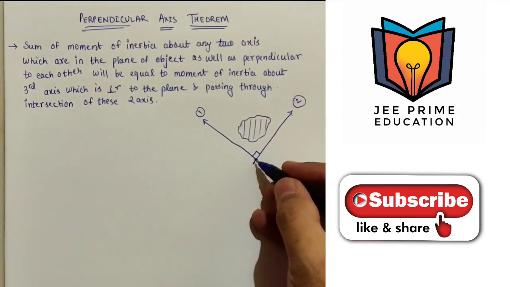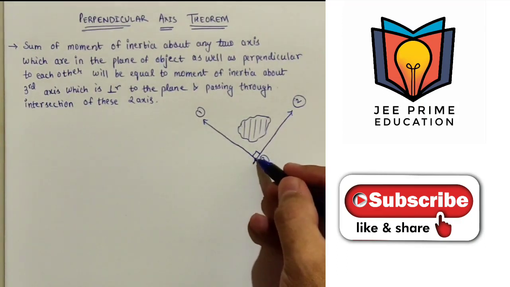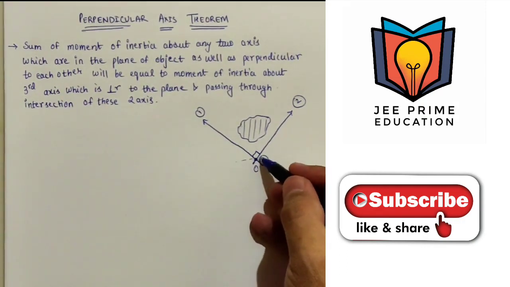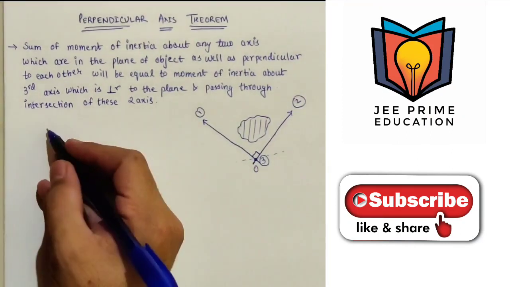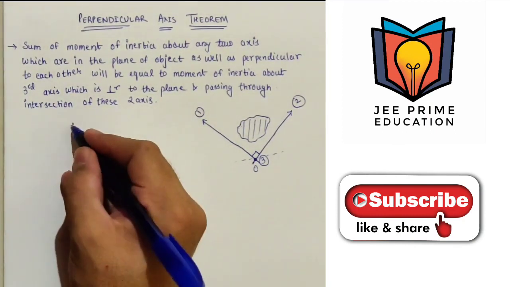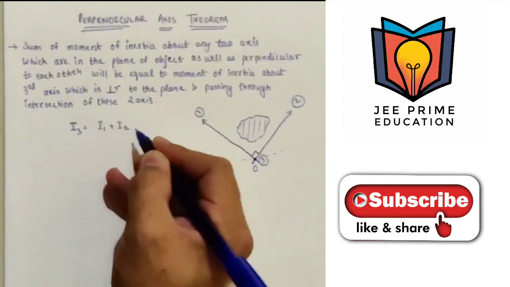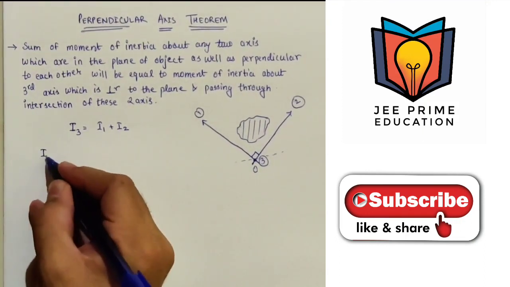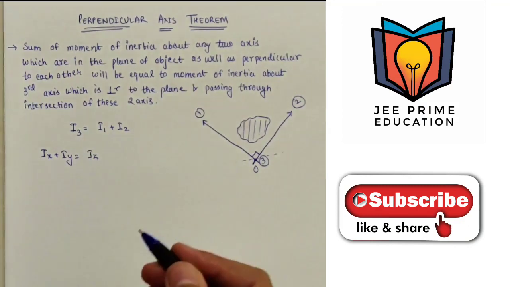So the moment of inertia about the axis number 3, which is passing through this point O and which is perpendicular to both of these 1 and 2 axes, the moment of inertia about this axis I3 is equal to I1 plus I2. In our Cartesian coordinate, I mean that Ix plus Iy equal to Iz.